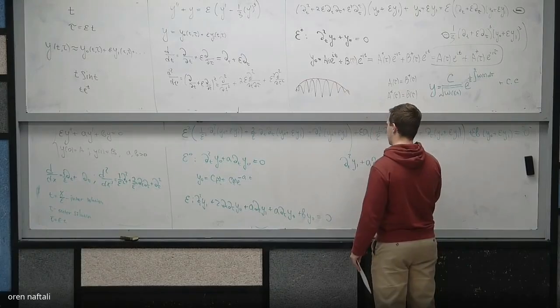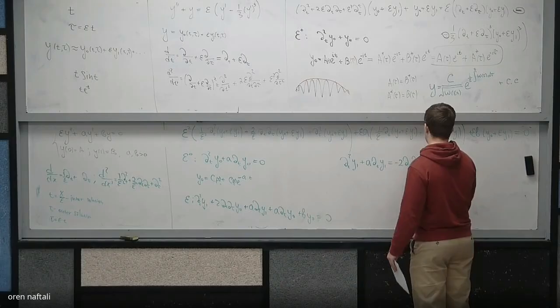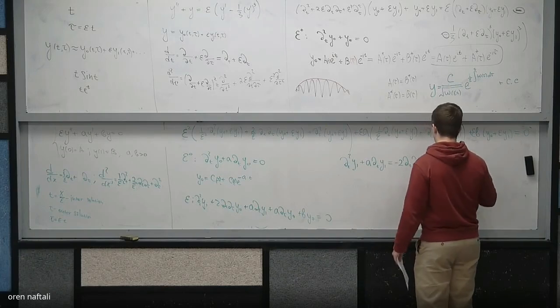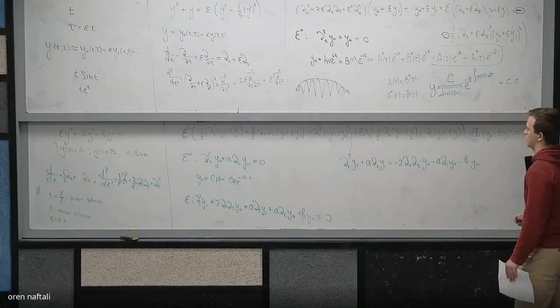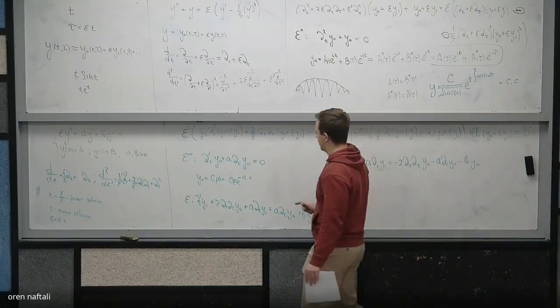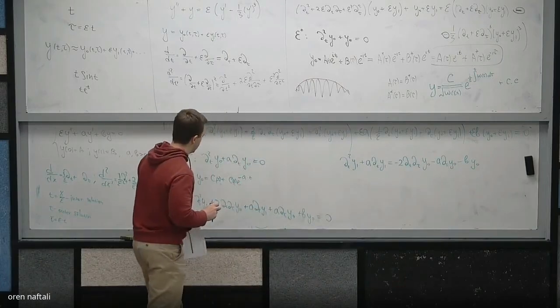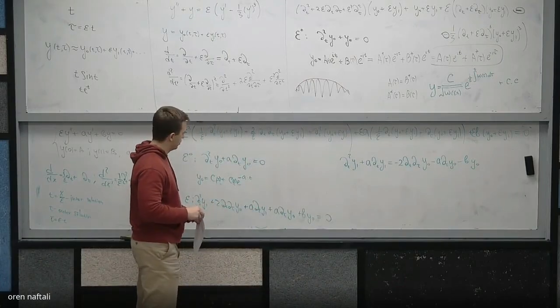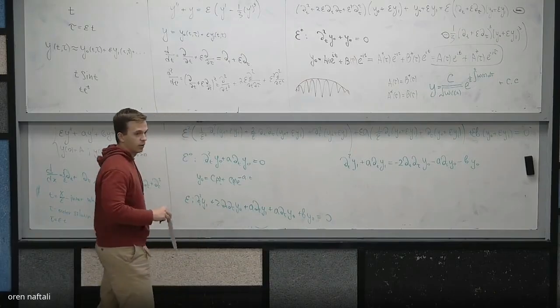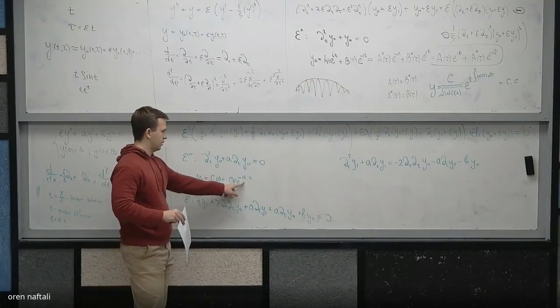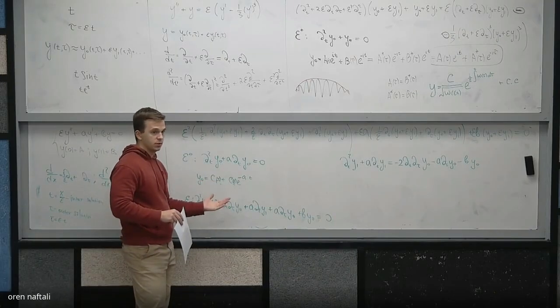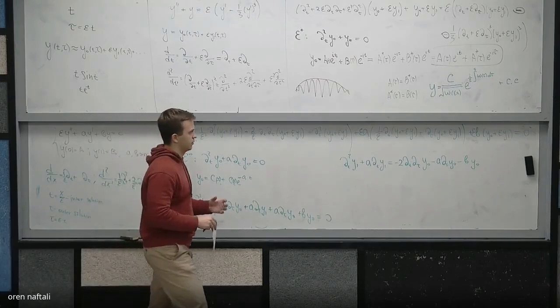So minus 2 dt d tau y naught minus a d tau y naught and minus b y naught. Okay, so in this case, what are the resonant terms that I'm looking for? With e to the minus a t? Yeah, this one and constants. With constant, right? So I need to track that.